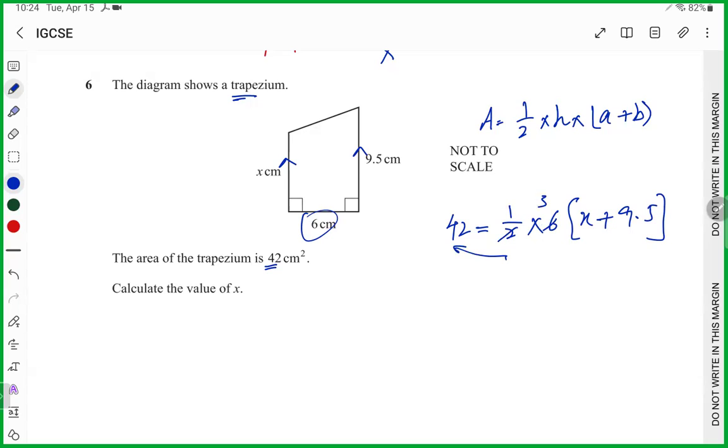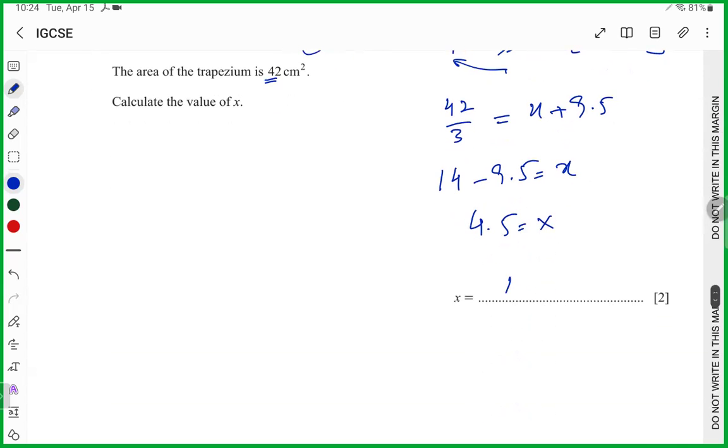So this is going to be 3, 42 divided by 3 is 14, 14 minus 9.5 is equal to x. So that is going to be 4.5, right? So x is equal to 4.5.